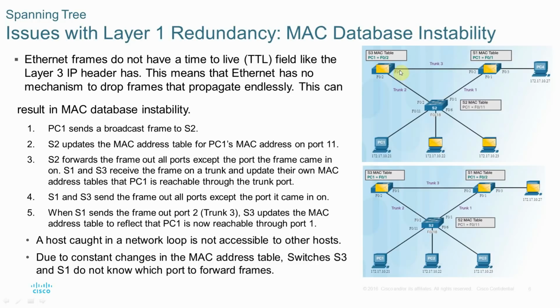So it will constantly change the MAC address table of switch 3 as well as switch 1, because this also sends the Ethernet frame to switch 1 through this interface. Now it will update PC1 is accessible through FA02. So it will create a MAC database instability.